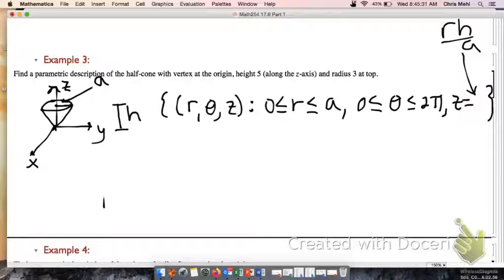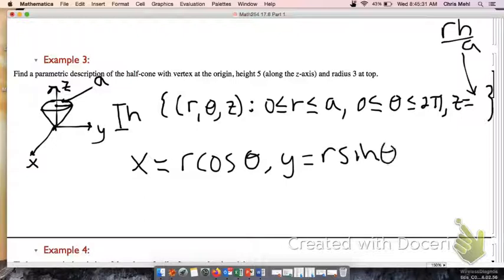Now, I need to find a parametric description for this, r of u, v. First, I'm going to use polar coordinates. X is r cosine theta, y is r sine theta, and z is just z. But now we know that z is rh over a.